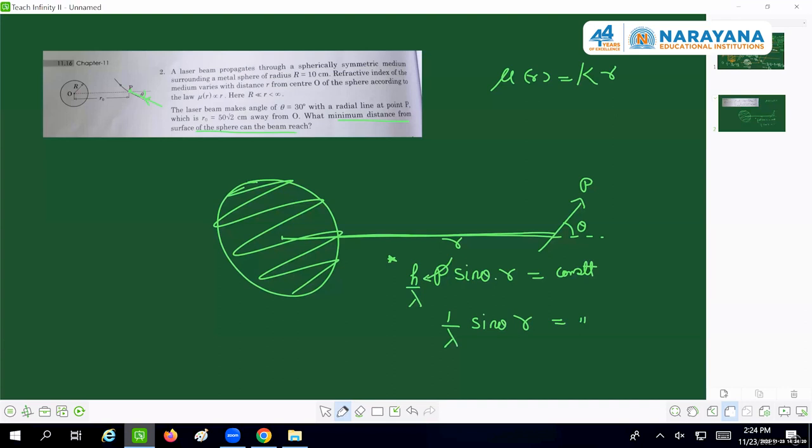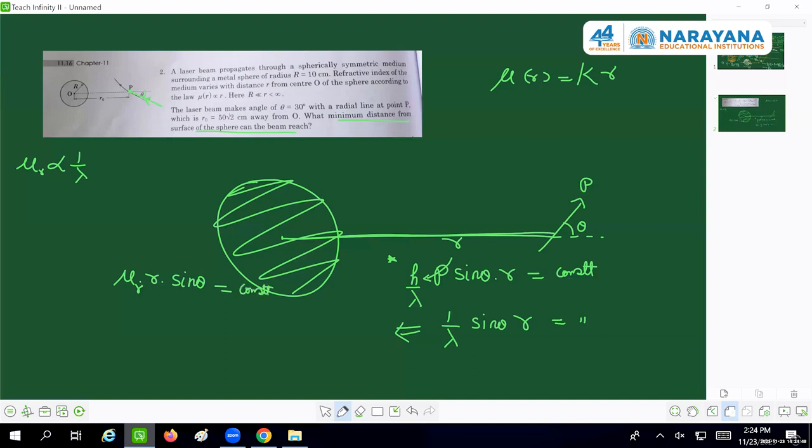Knowing that the absolute refractive index is proportional to 1 upon lambda, this equation converts into, with a constant that may change, mu into r into sine theta, with mu as a function of r, behaving as a constant.